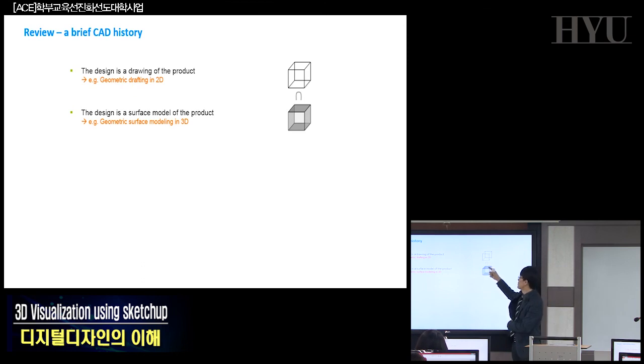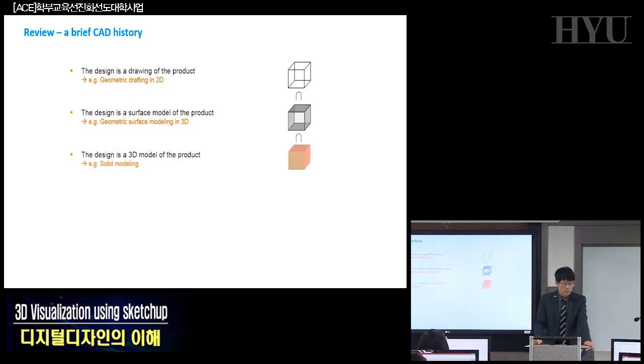This notation means this is a subset of this 3D model. So 2D drafting is a subset of 3D surface-based model. And then we developed some solid-based model. We're going to talk about the difference between solid and surface-based model today. But anyway, surface-based model evolved into some solid-based model.